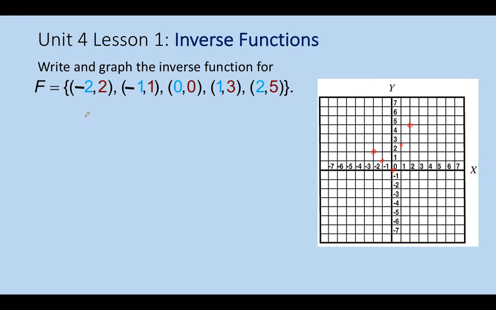So I got 2, negative 2; 1, negative 1; 0, 0; 3, 1; and 5, 2. So for the inverse of a function, you're just switching the x and the y.